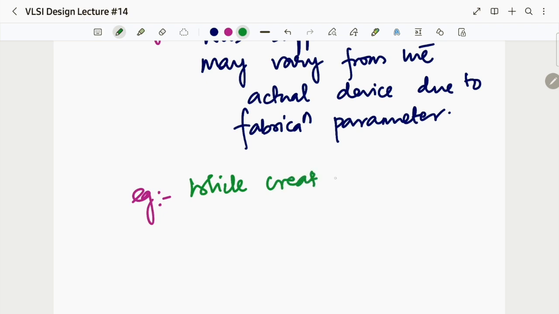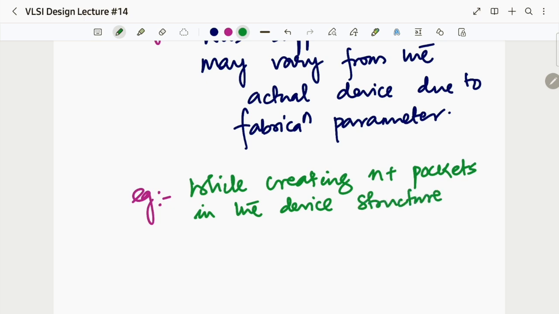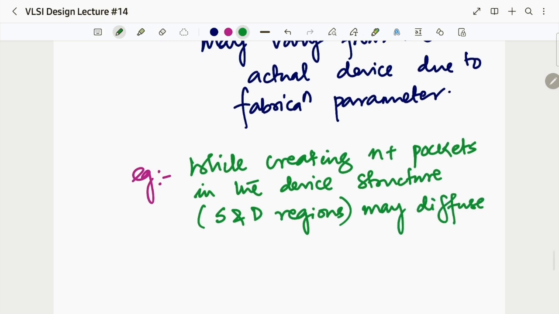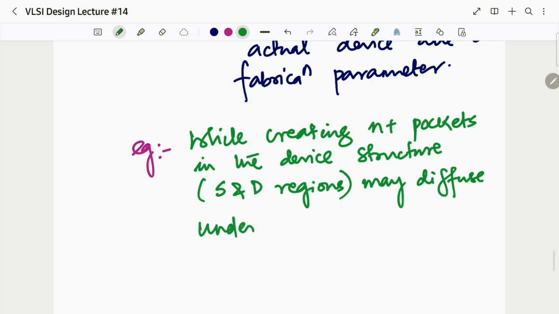While creating the n plus pockets in the device structure, that is source and drain regions, may diffuse under the gate region.